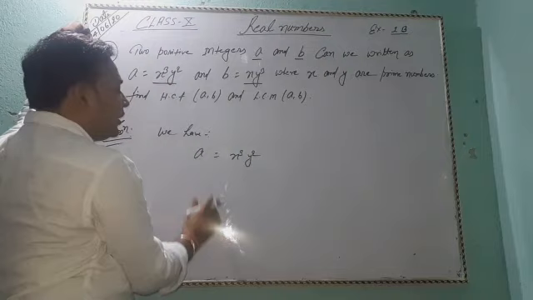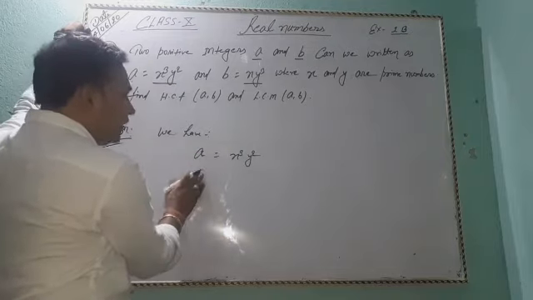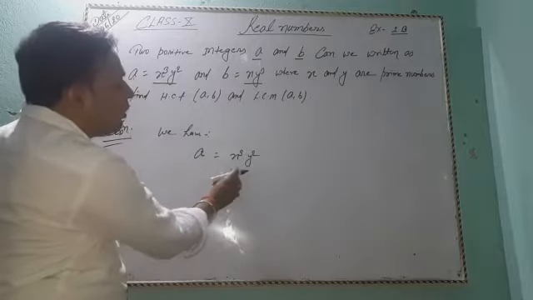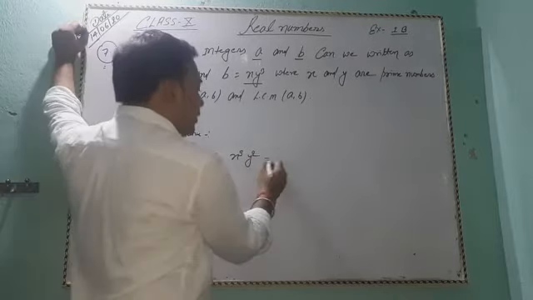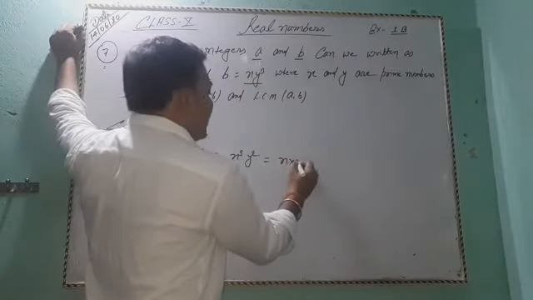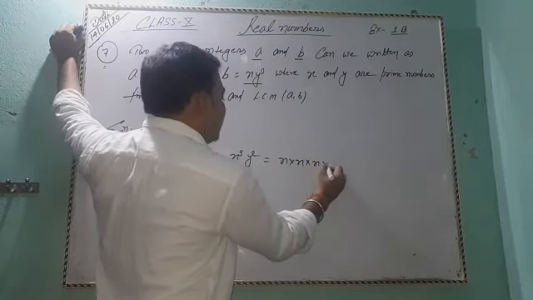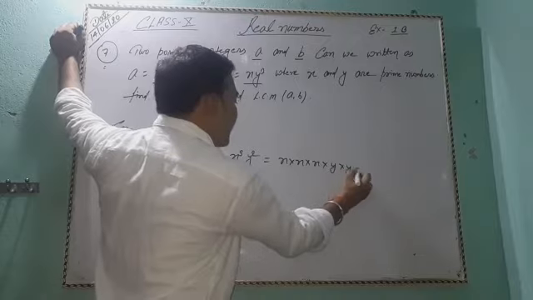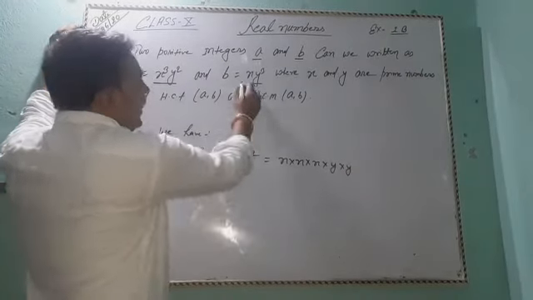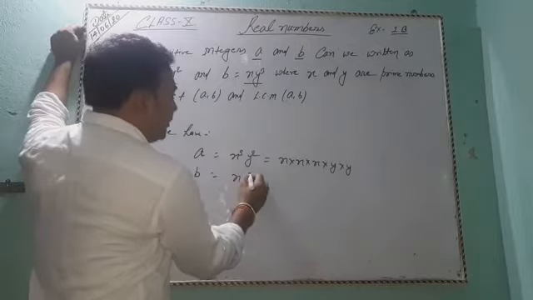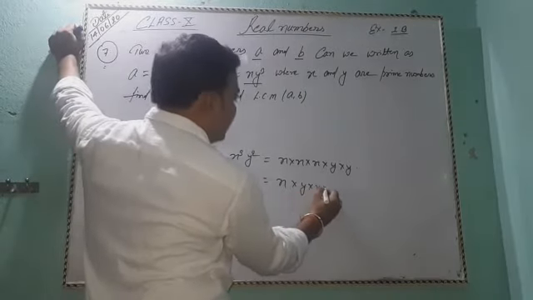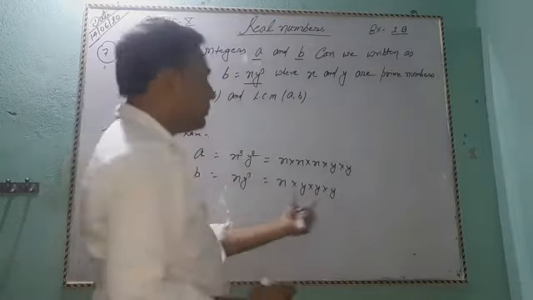It means a is a composite number and a is a product of prime numbers, so a = x × x × x × y × y, and b = xy³, so we write x × y × y × y.